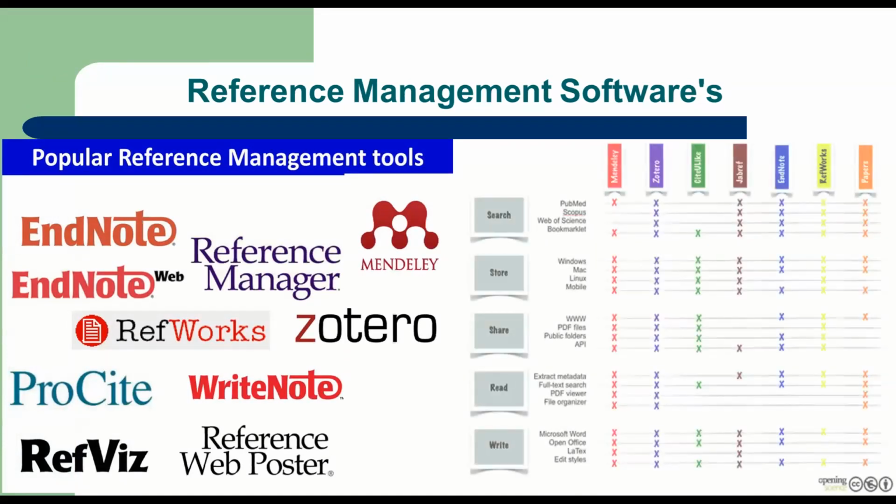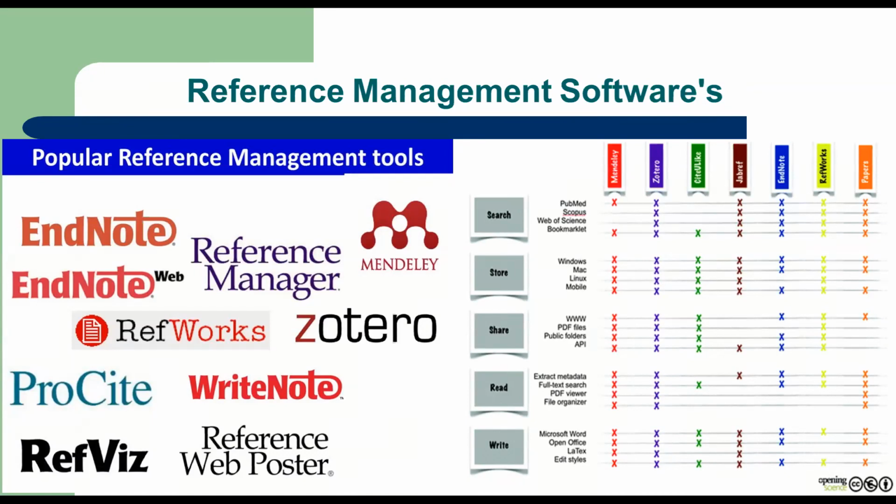What reference management softwares do is search for you, store literature for you, share literature with your peers, allow you to read it and allow you to write it. So you have to choose which activity you want to perform, and accordingly select your reference management software. I have listed here what benefit each of these offers.